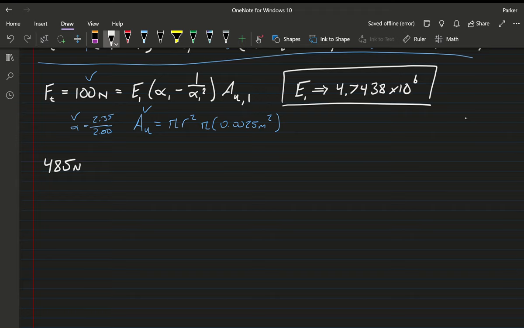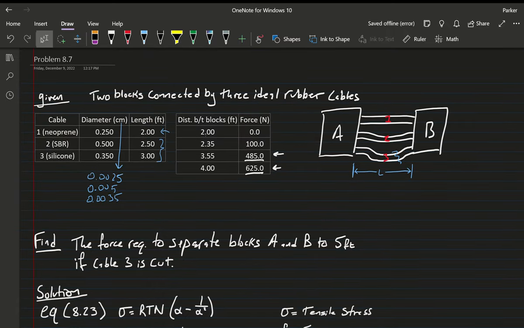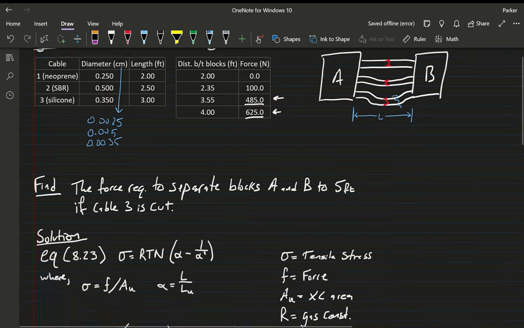It shows like this. 485 newtons is equal to our E1, which is right here, times alpha 1 minus 1 over alpha 1 squared, where alpha is our L over LU, which is 3.55 over LU of cable 1, 2.00 feet.